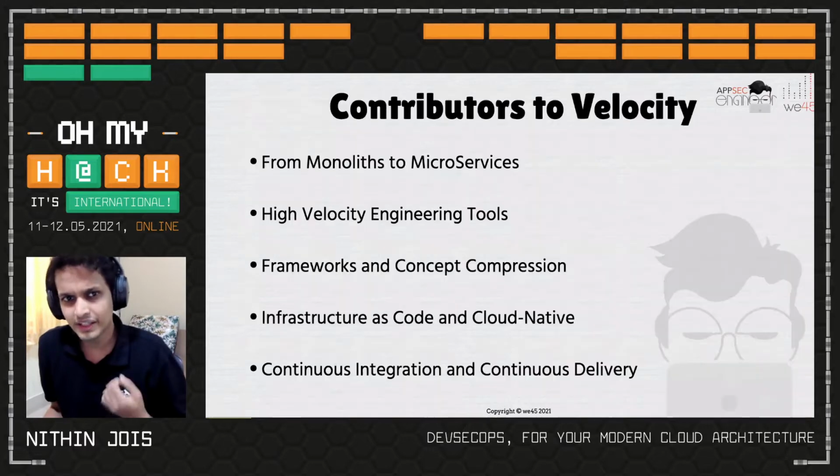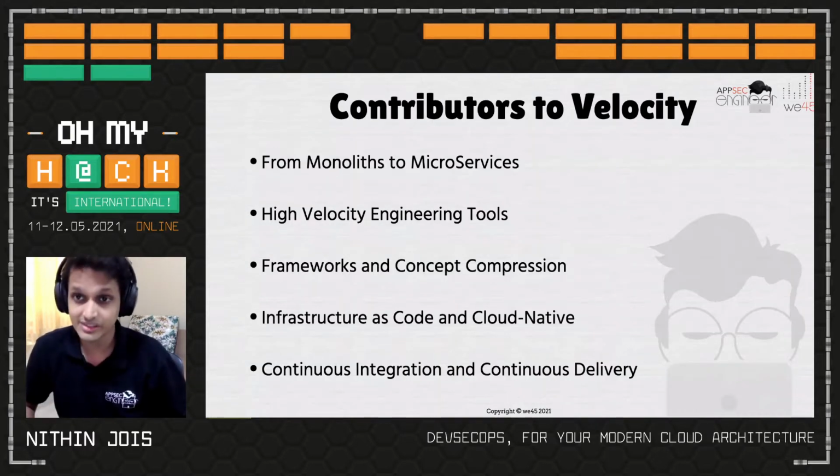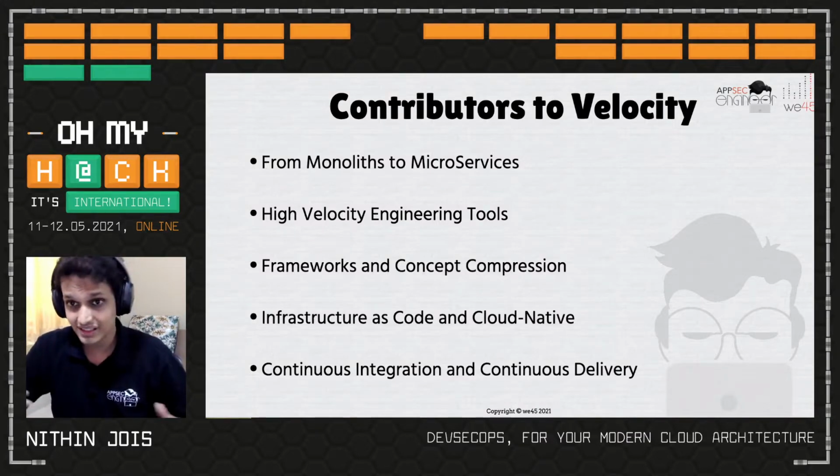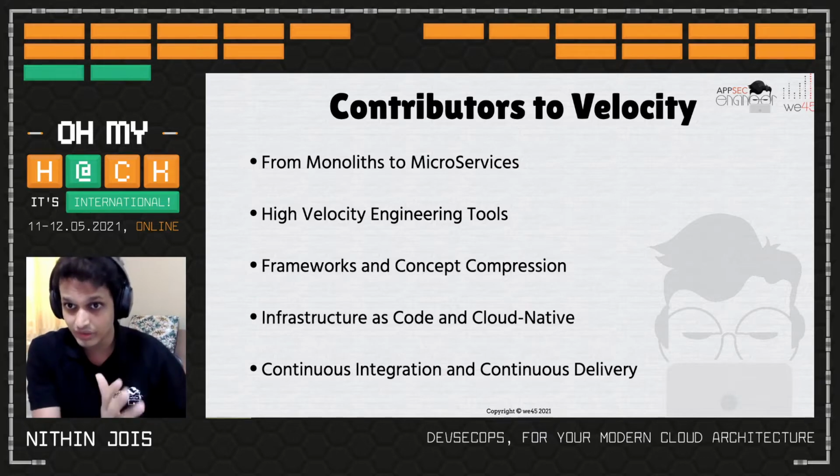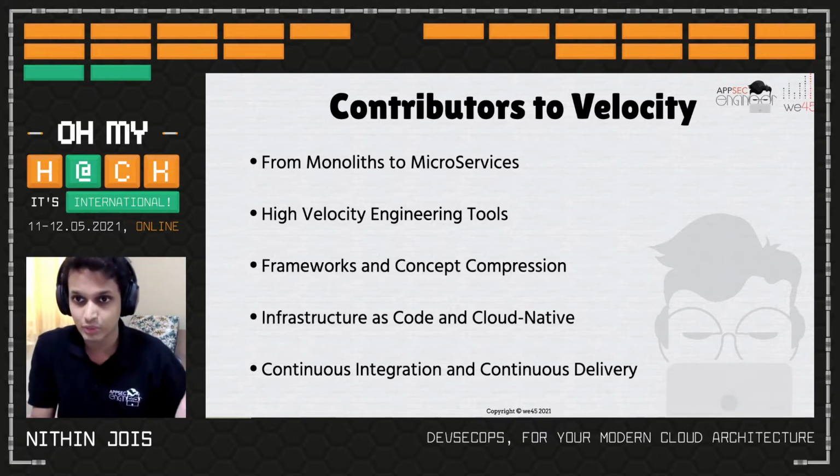When you think about the contributors to velocity for applications and the increase in deploying these applications, it pretty much started off with the introduction of microservices. Typically we were deploying all of our applications as monoliths, and then we started splitting these monolith apps into multiple microservices and deploying them using containers on Kubernetes clusters and even on serverless.